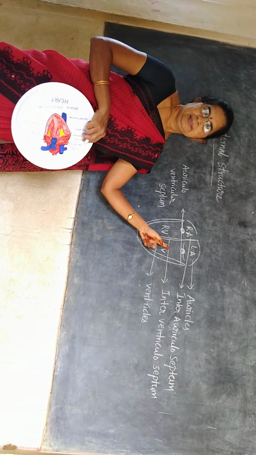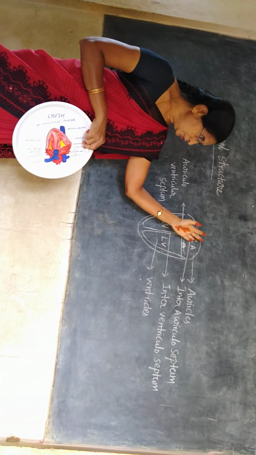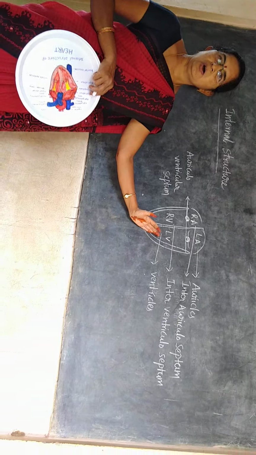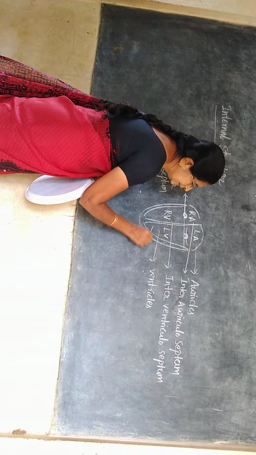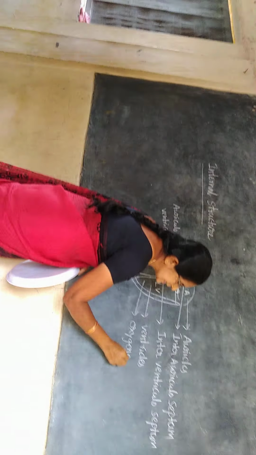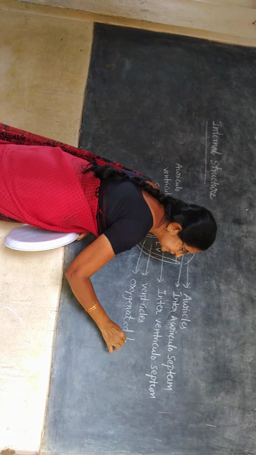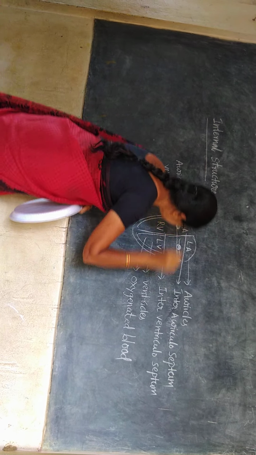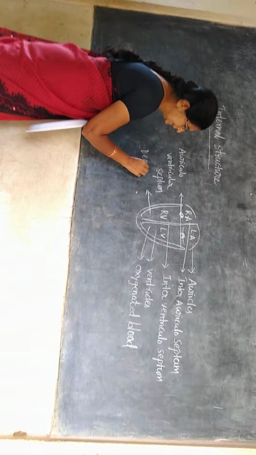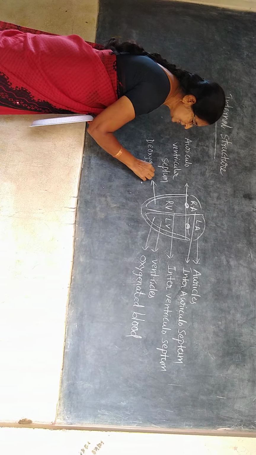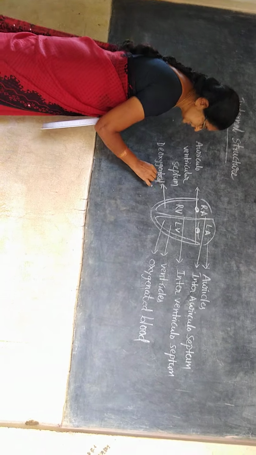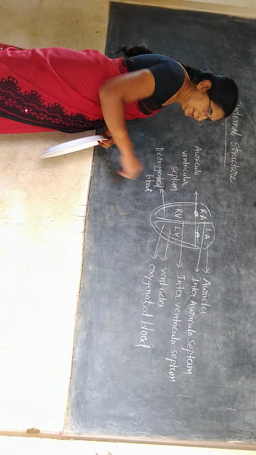But I have already told you the left portion of the heart is filled with oxygenated blood, whereas the right portion is filled with deoxygenated blood. Then how is this blood supplied?